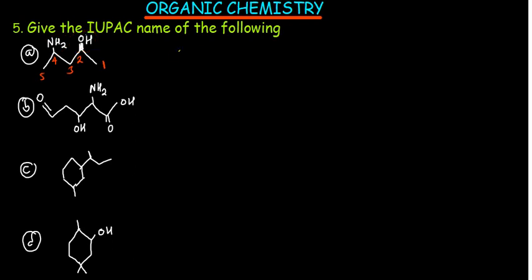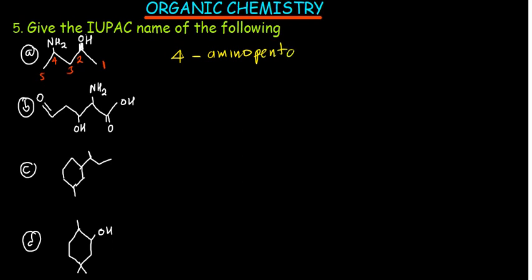So at position 4 we have got an amine, but when you are naming an amine as a group, that becomes amino. So that is going to be 4-amino, and then this compound has 5 carbons, that is going to be called pentane.